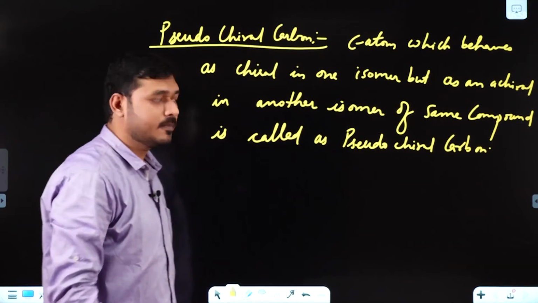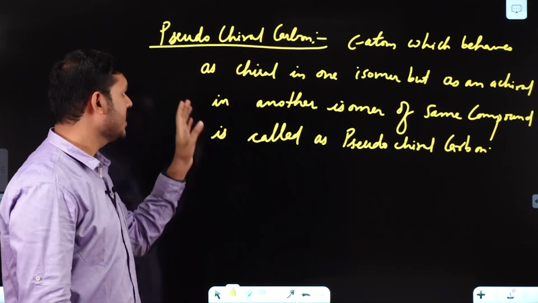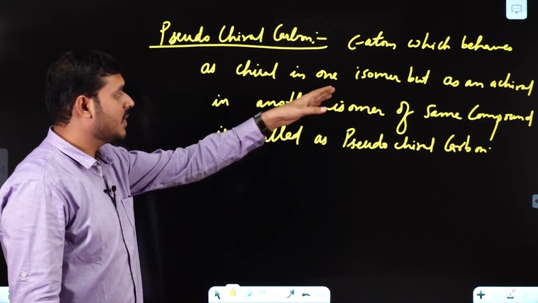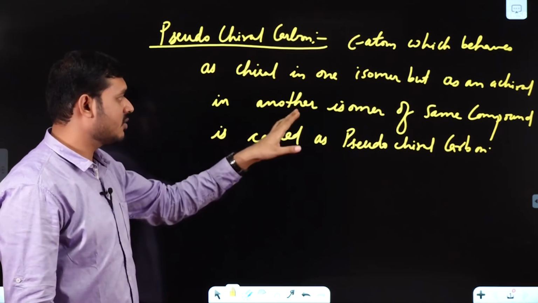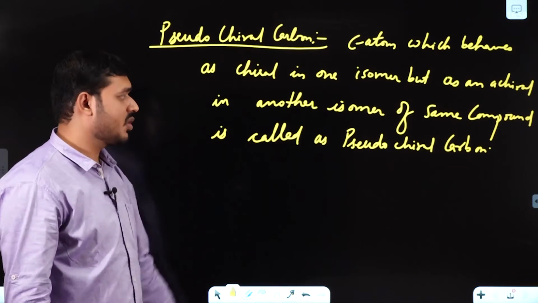Okay, clear? Carbon atom which behaves as chiral in one isomer but as an achiral in another isomer of the same compound is called a pseudo chiral carbon.